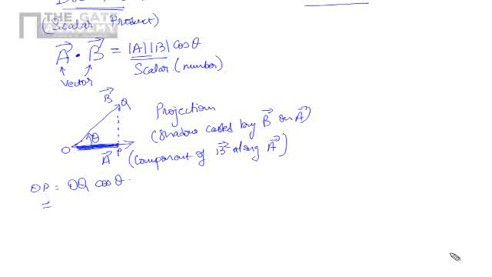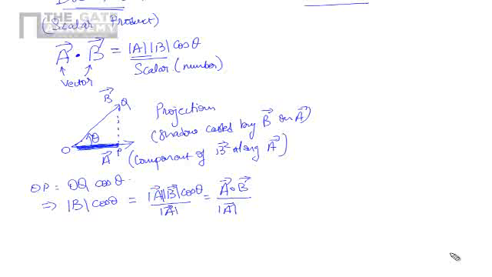That is mod B cos theta, which is nothing but mod A mod B cos theta divided by mod A. That is A vector dot B vector divided by the modulus of A vector.